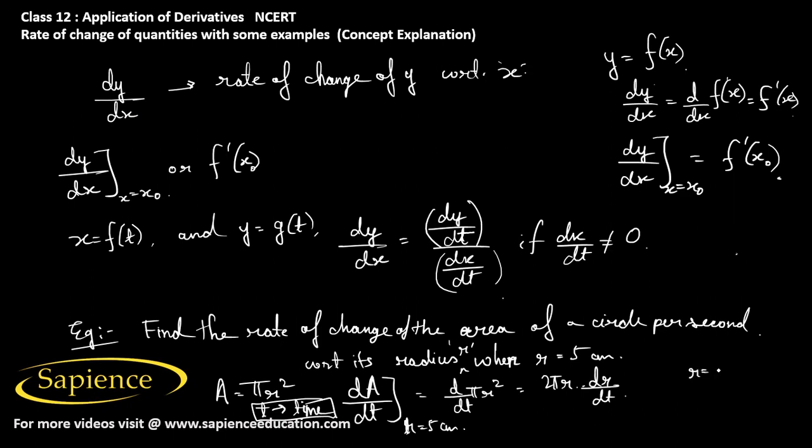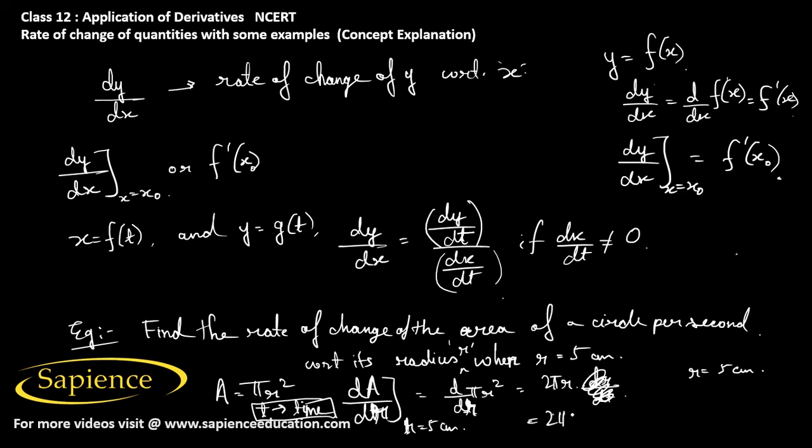So when r is 5 centimeter, it has been told. So here we have to find the rate of change of area with respect to its radius. So we have to find dA by dr, sorry. It means we have to find only d by dr of pi r square, which is 2 pi r.